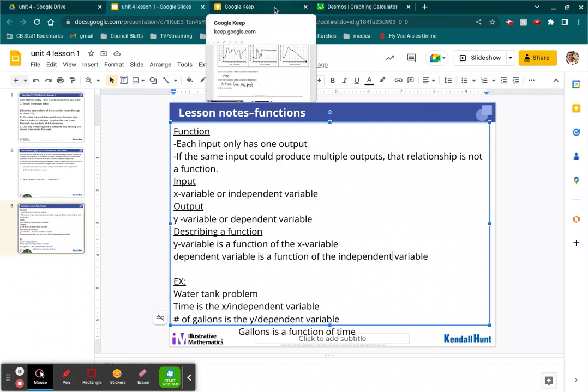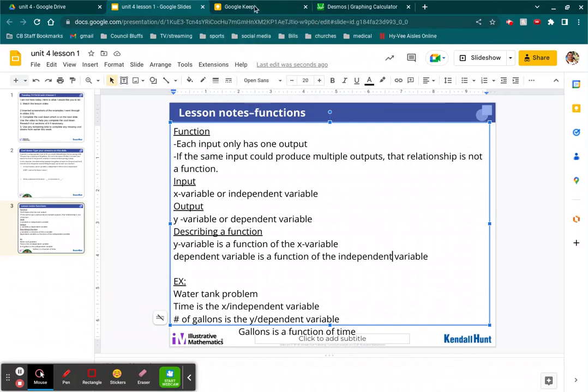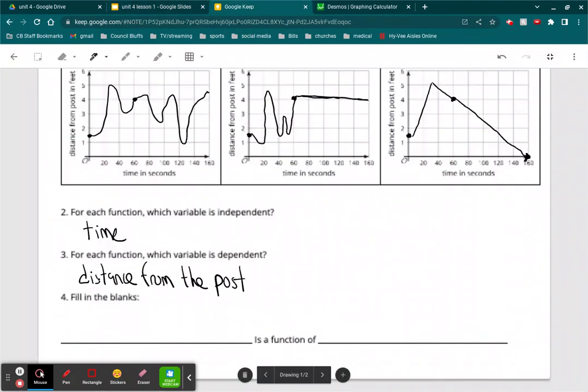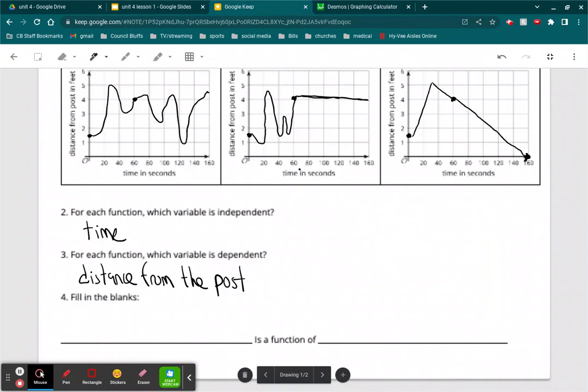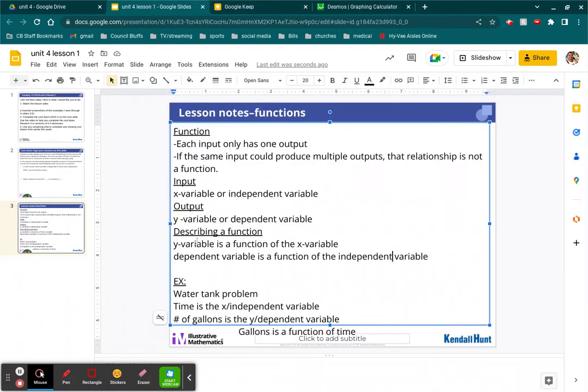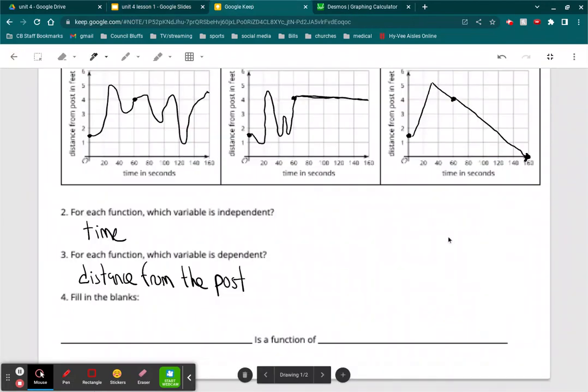So going back to this problem, we identified the y variable as the distance, and we identified the x variable as the time. So in this case, we're going to say y variable is a function of x variable. My blanks are going to be: distance is a function of time.